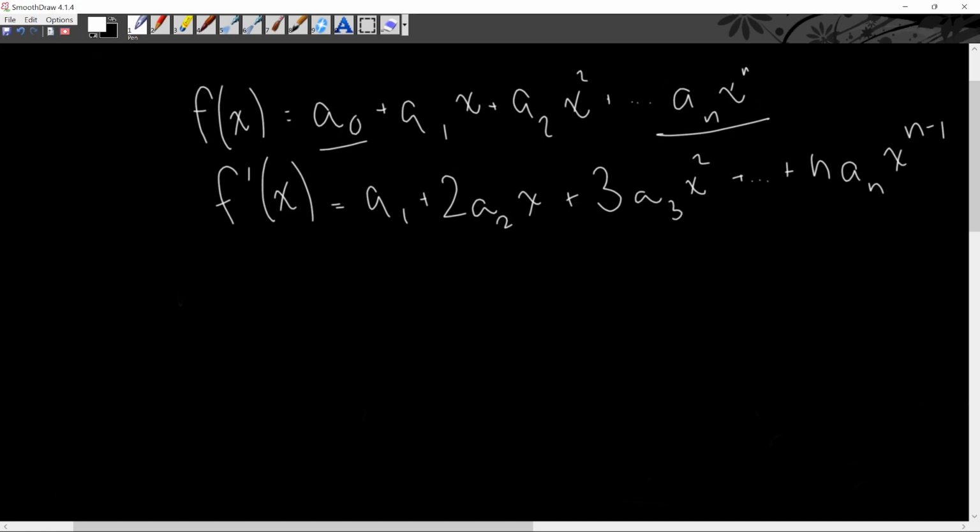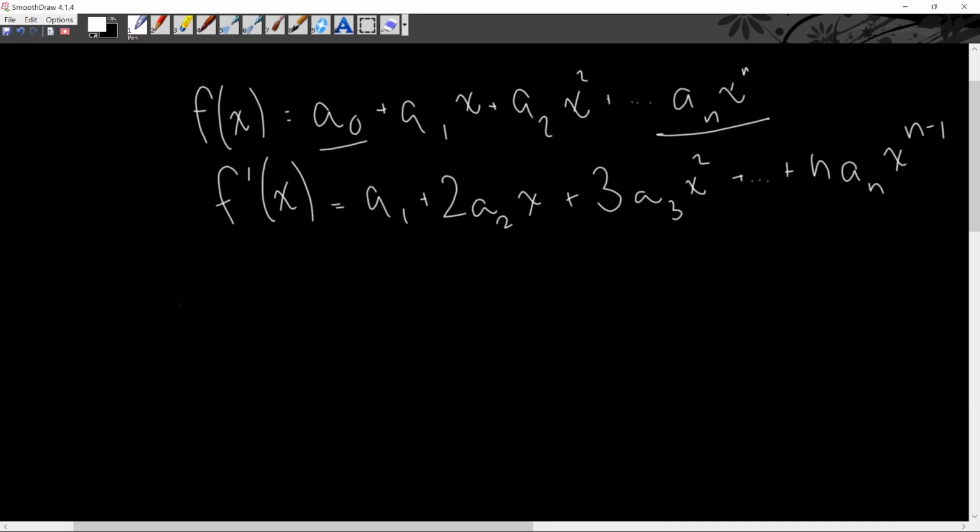If you just take the derivative of the general term with respect to x, then you get the general term of the derivative of the function that this power series represents. So this is just term by term differentiation, and there is apparently a proof for this, which is interesting.